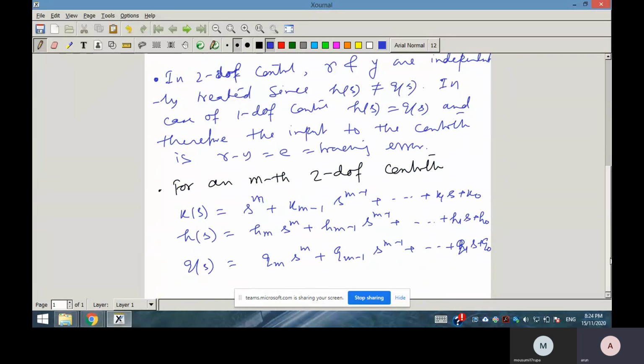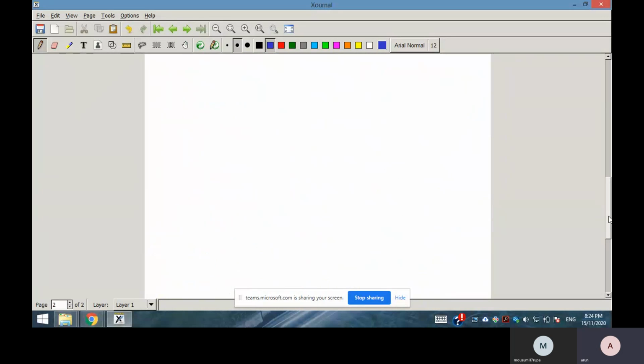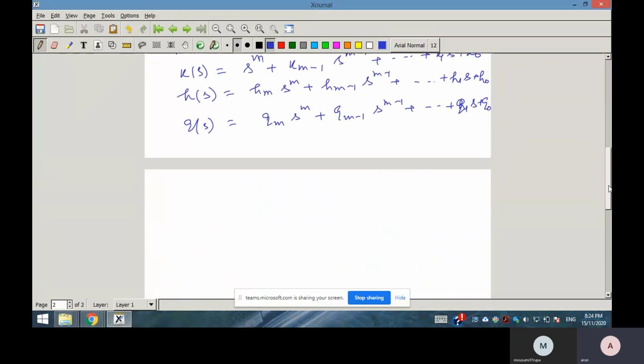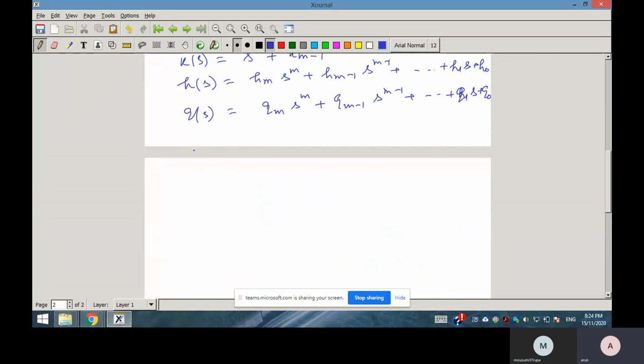The block diagram of this controller is well known. The realization of a second order, first of all, second order 2DF control.